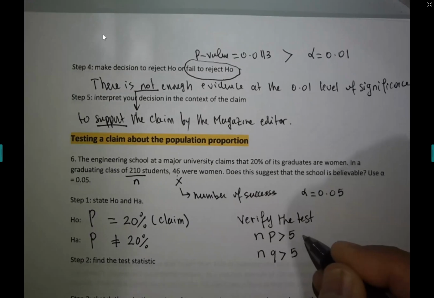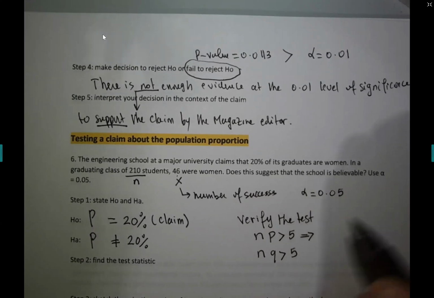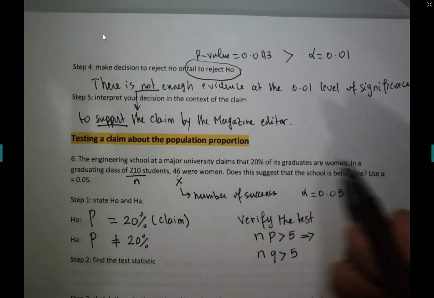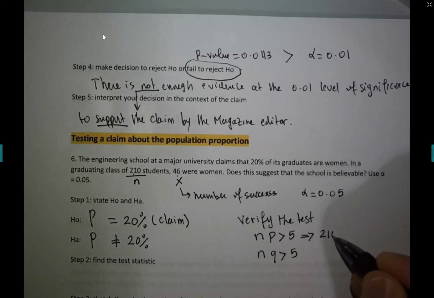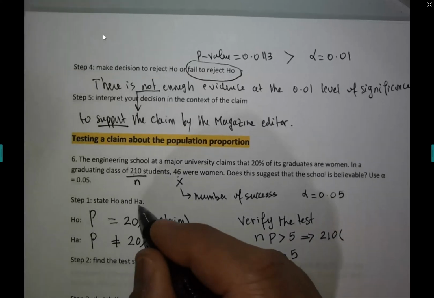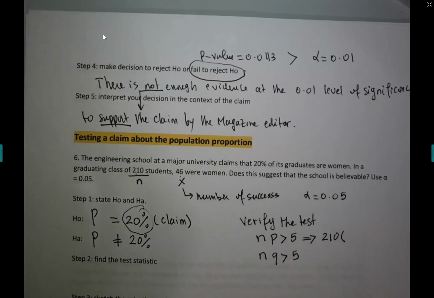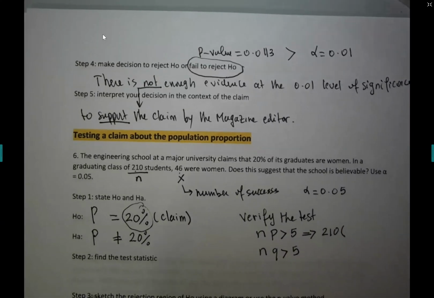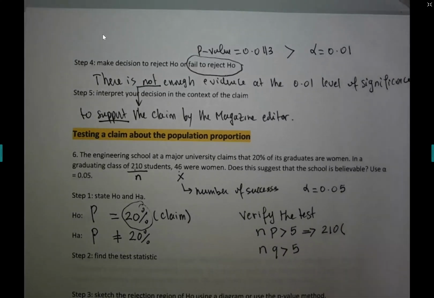Let me tell you what I mean by that. N is the sample size, 210. P is the value in the null hypothesis. What would that be as a decimal, guys? 20% will be 0.2. If you multiply 210 by 0.2, you would agree with me that you get a number bigger than 5, so that's a yes.